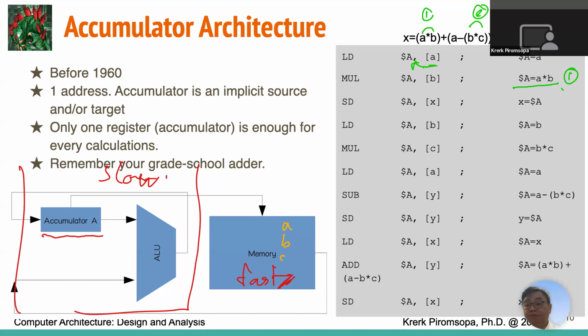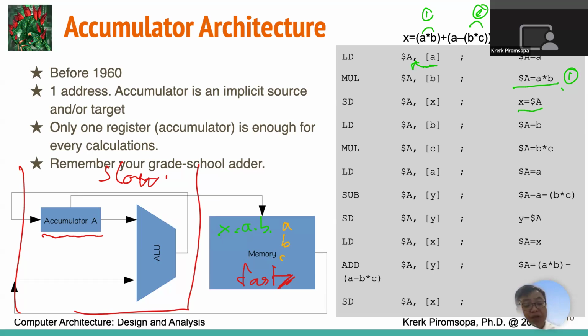Let's write it down as X equals A times B. Okay. X equals A times B.